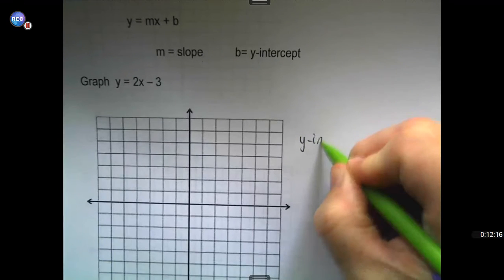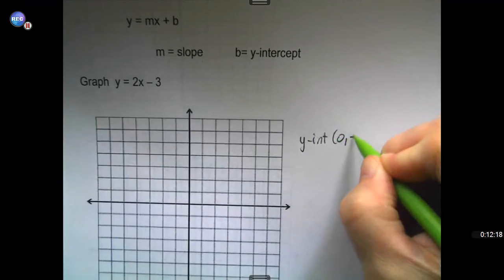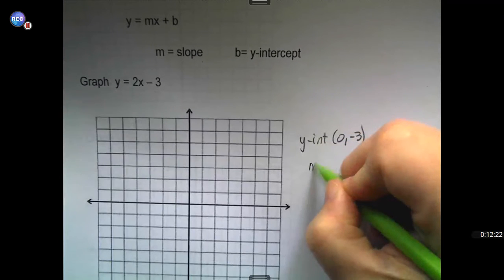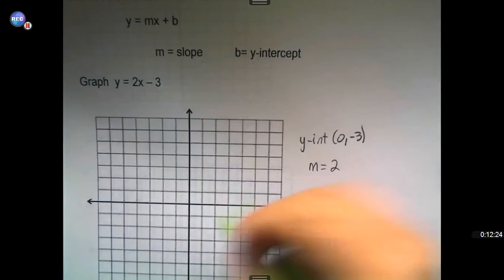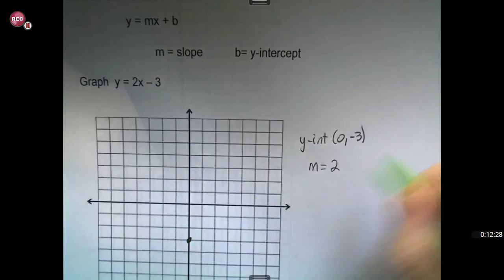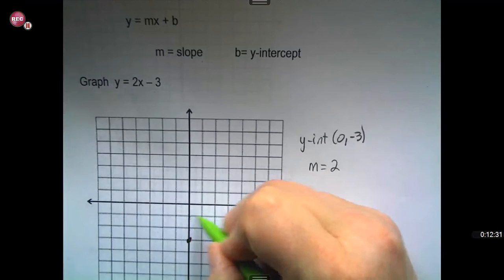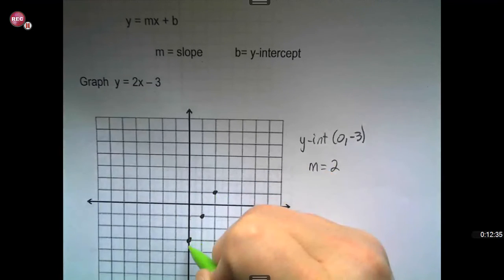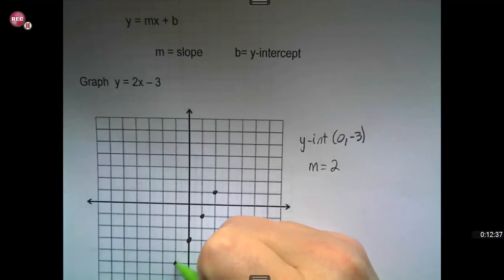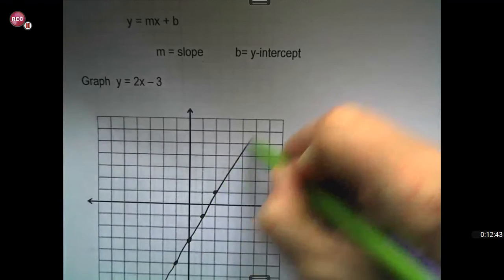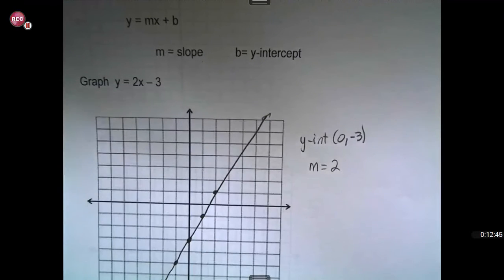The y-intercept is 0, negative 3. It's that number out here. And the slope is 2. So 0, negative 3 is here. And then I'm going to rise 2 and run 1, or I can rise negative 2 and run 1. And there's that line.